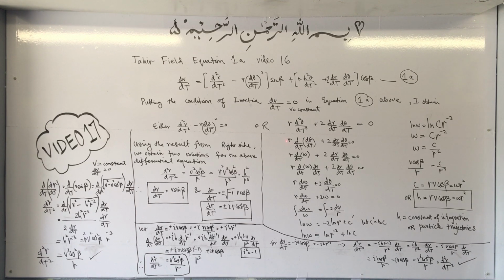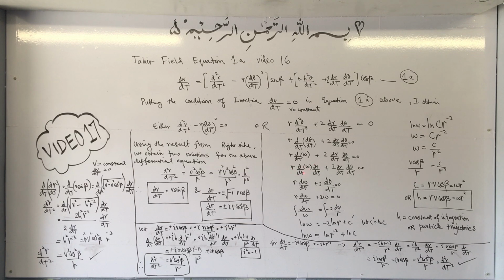So rewriting, r d over dt (d theta over dt) plus 2 dr over dt d theta over dt is equal to 0. d theta over dt is the angular velocity, dr over dt is the radial velocity. So r d omega over dt plus 2 dr over dt d theta over dt is equal to 0.